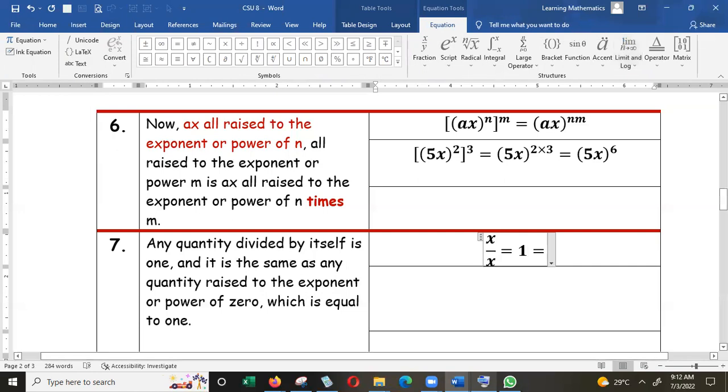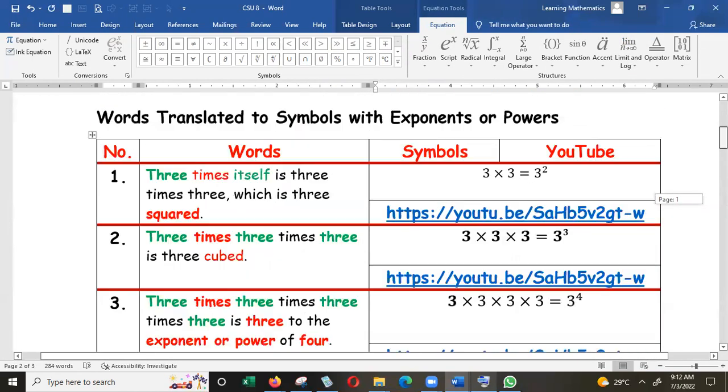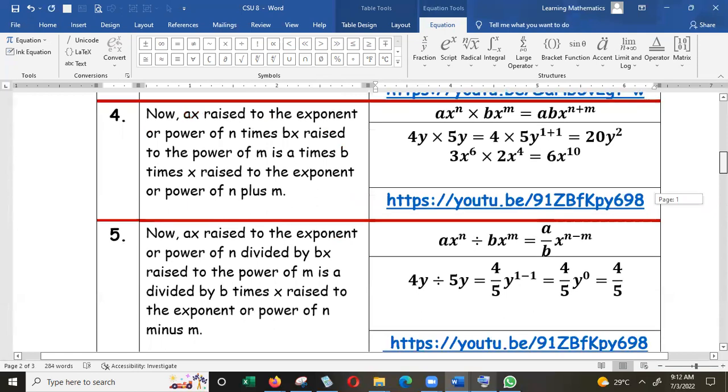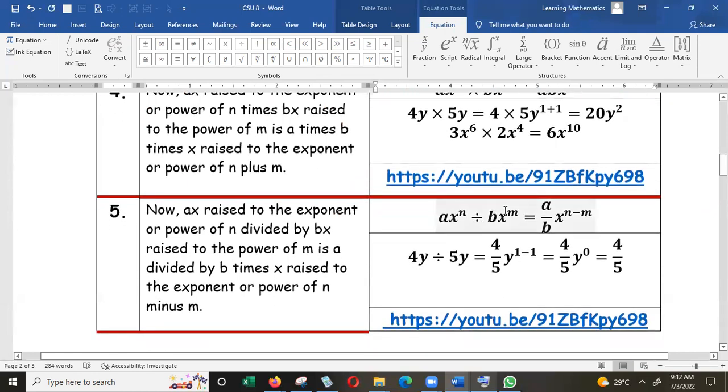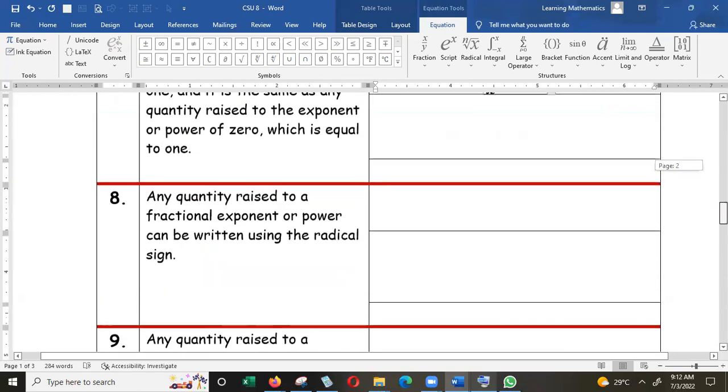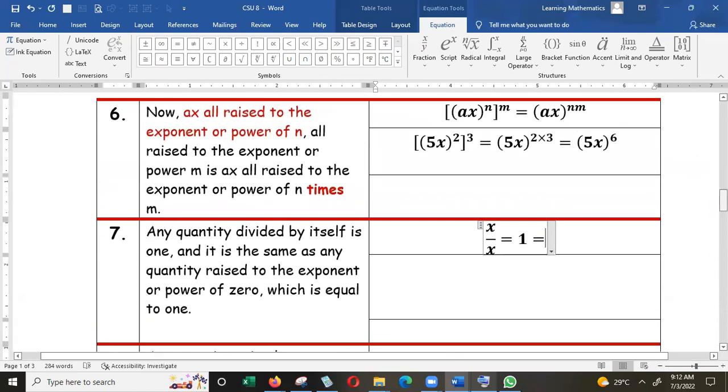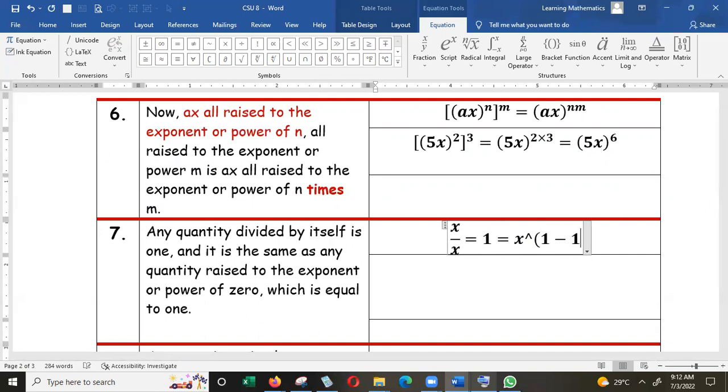However, we can recall from the division rule that when the bases are the same and we are dividing, we can subtract the powers. The power or the exponent here is 1. So x divided by x is also equal to x raised to the power of 1 minus 1.